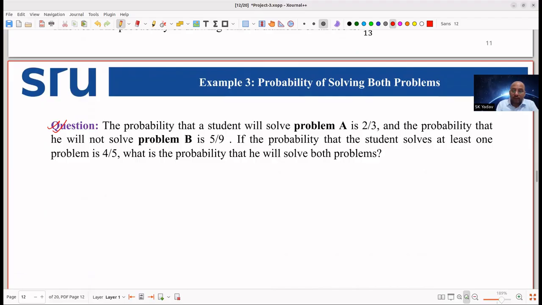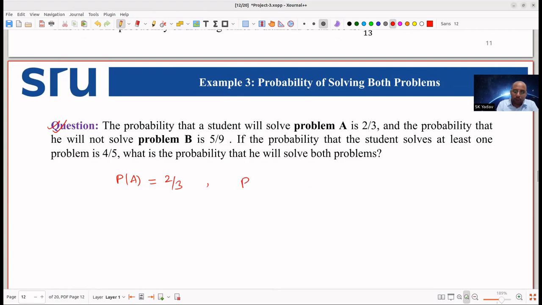The probability that a student will solve problem A is 2 by 3. So probability that the student solves problem A is equal to 2 by 3. This is given. The second statement says the probability that the student will not solve problem B is 5 by 9.